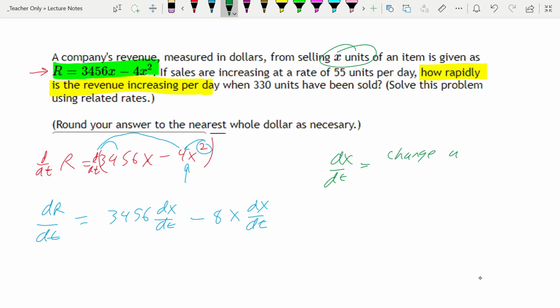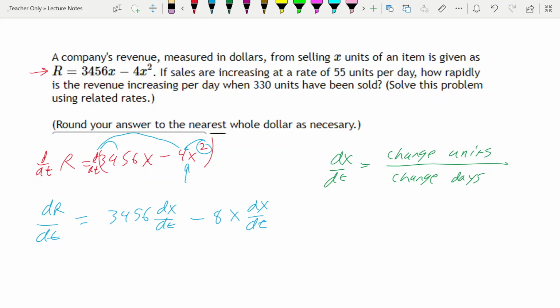So it's the change in the number of units per change in t, which we said is time, and in this particular case, days. So we're looking for some number that has units that match that. If we scan through the problem and look for something with units of units per day, oh, look at this.